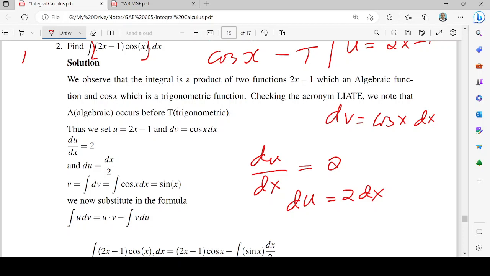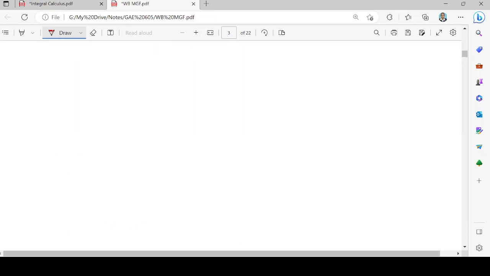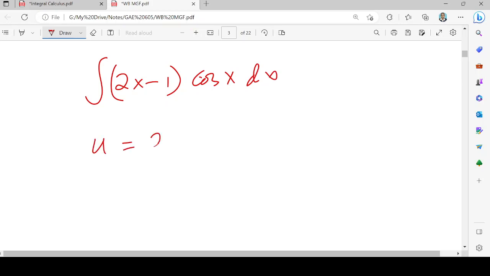Not dx over 2. So let me do it here. We have the integral of 2x minus 1 cosine of x dx. So u is chosen as 2x minus 1. du by dx becomes 2.